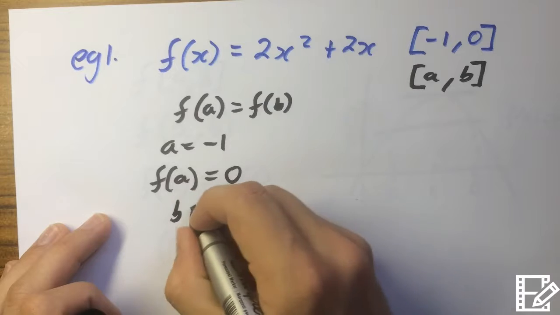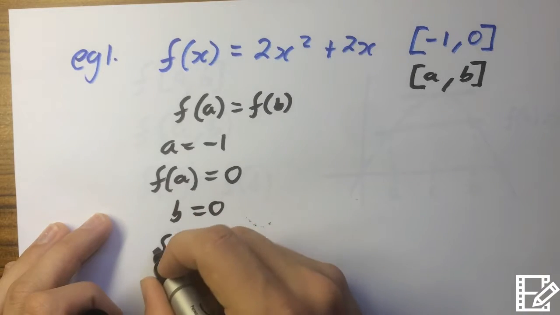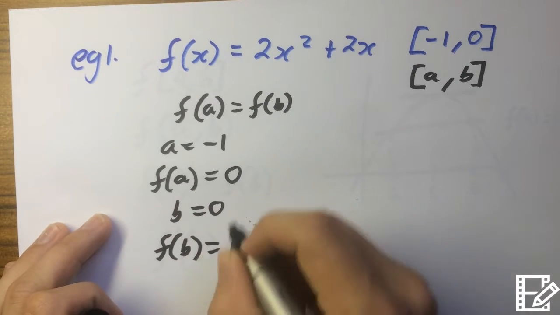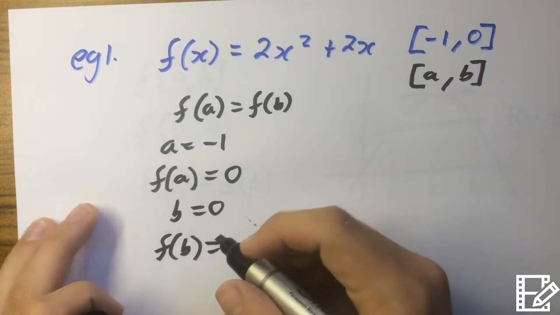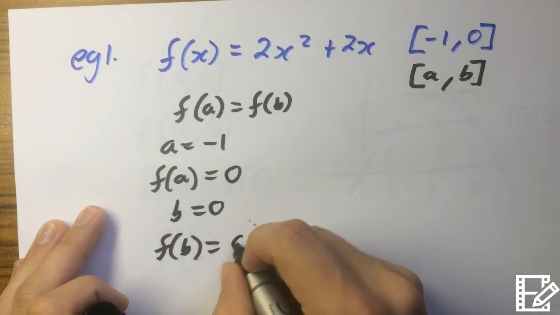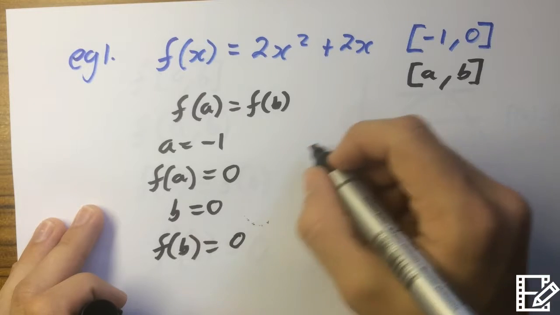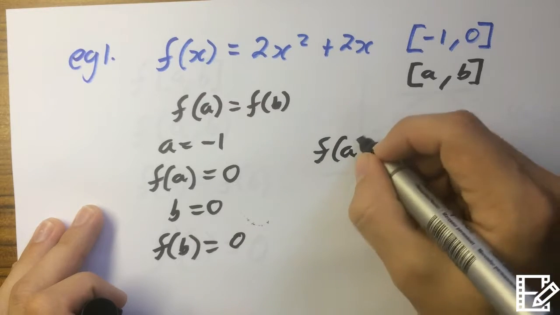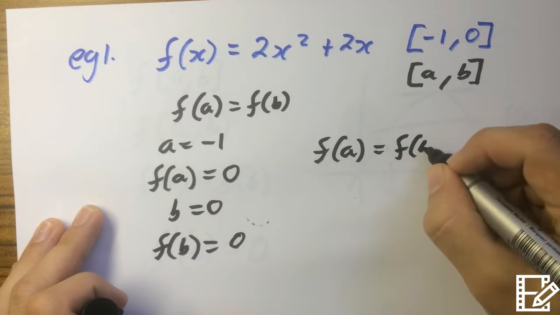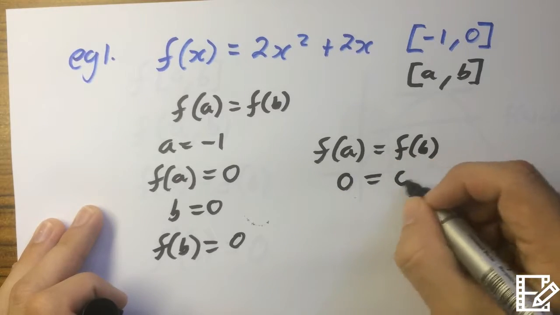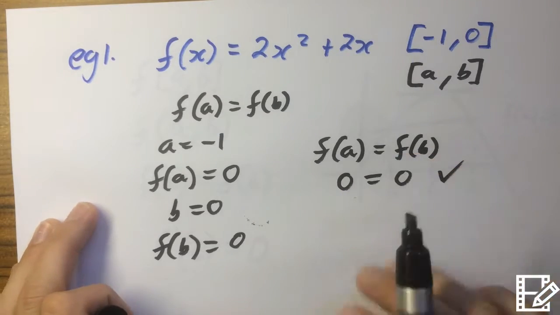And b equals 0. Therefore, if we insert b into the function, we end up getting a value of 0. Therefore, does f(a) equal f(b)? Well, 0 equals 0, therefore tick, that's the condition met.